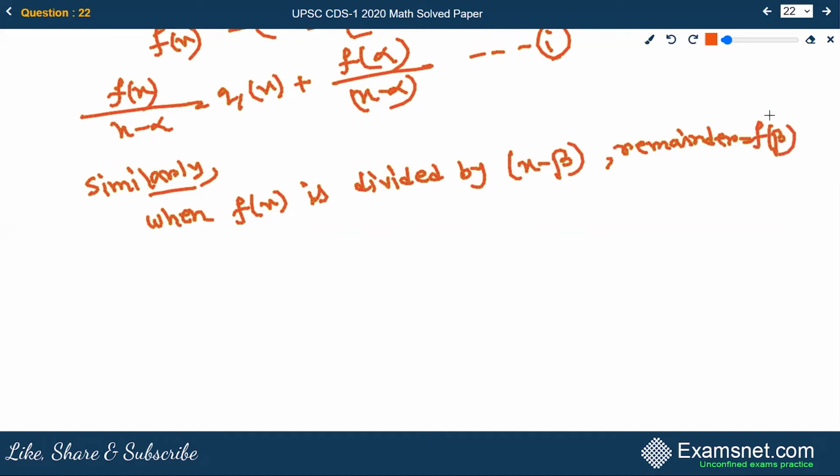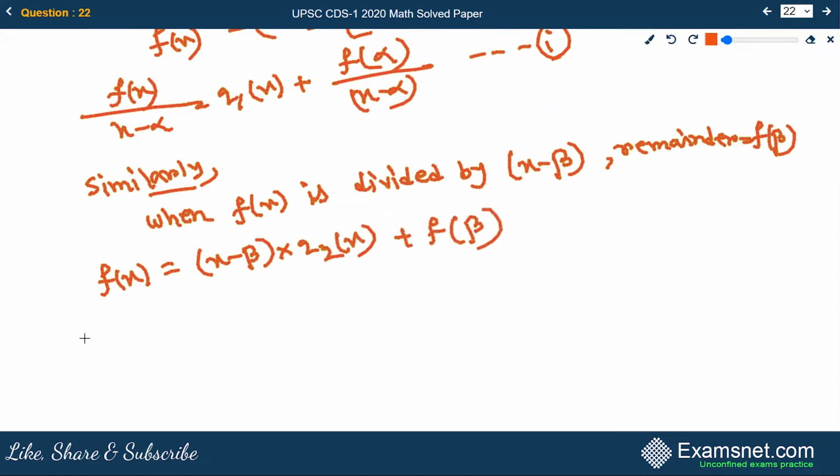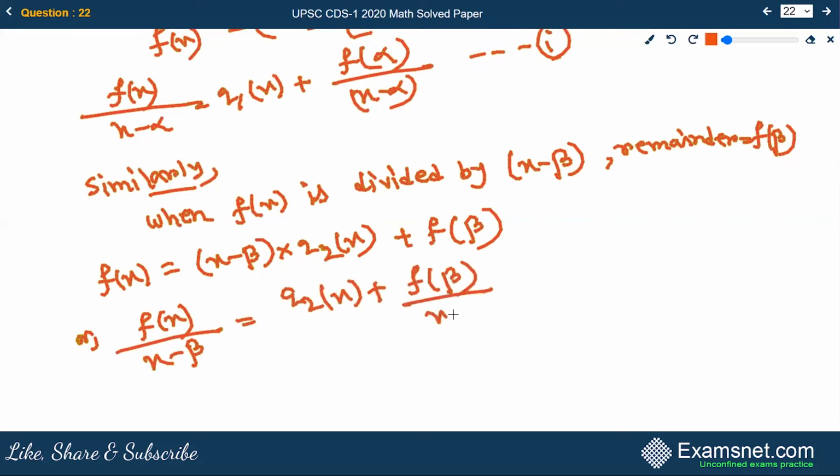By division algorithm, further we can write f of x equals x minus beta multiplied by q2 of x, that is the quotient, plus f of beta. So according to the first expression, further I can write f of x by x minus beta equals q2 of x plus f of beta by x minus beta. Let's name it equation number 2.